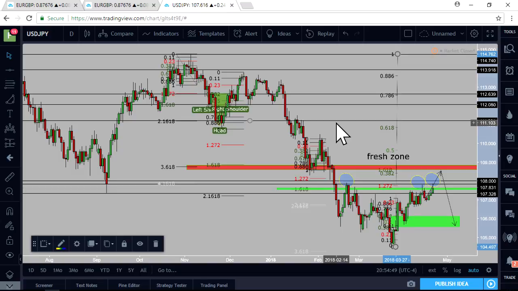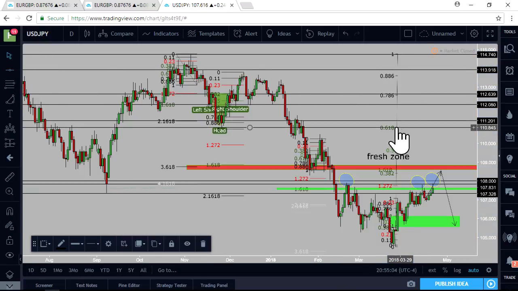I love a clean chart. So, my 618 is right here, right around this level. Look how beautiful this is.